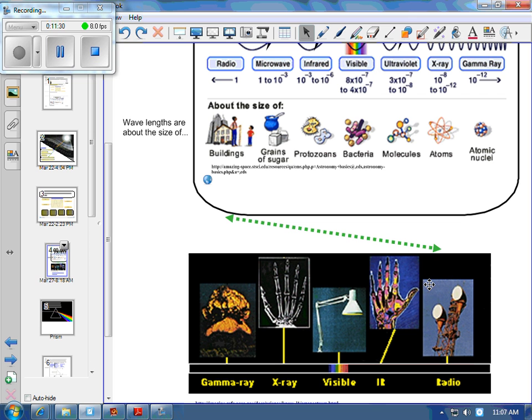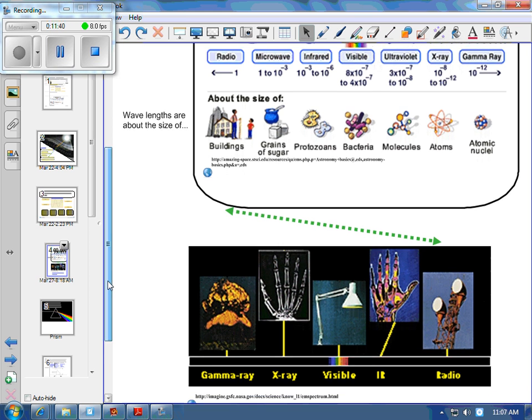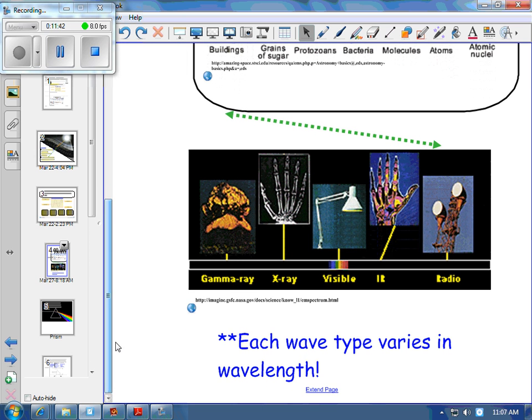I wanted to show you this because sometimes, depending on who's making the electromagnetic spectrum diagram, they might switch it around the opposite way. That's okay, not a big deal. You just need to be aware of which end is which when you're looking at it. So in this case, radio waves, or the longest wavelengths, are on the right. Gamma rays, the shortest wavelengths, are on the left. Okay.